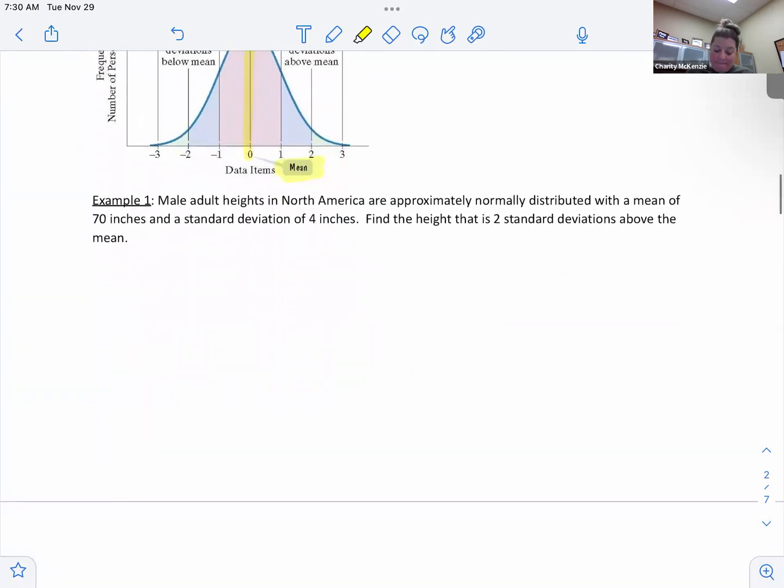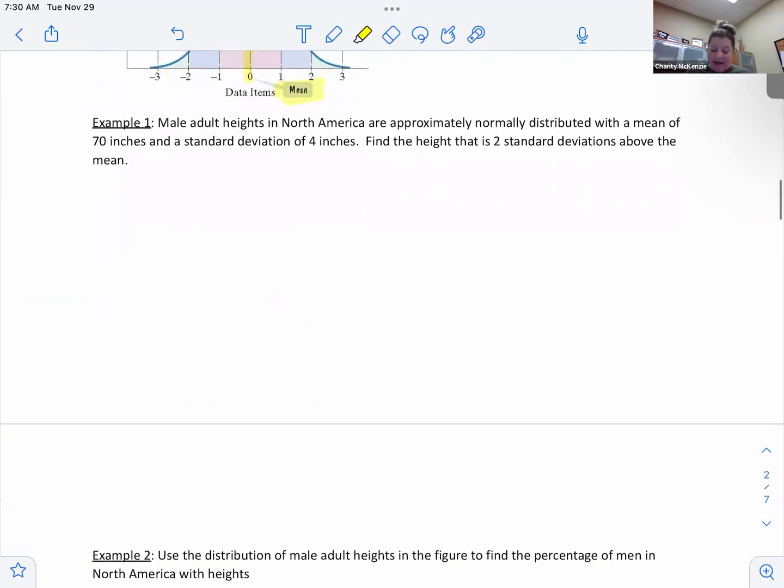Male adult heights in North America are approximately normally distributed with a mean of 70 and a standard deviation of 4. Find the height that is 2 standard deviations above the mean. So I'm going to draw our bell shape, and this is probably the easiest way to do this every time.